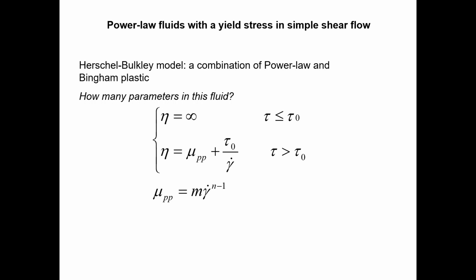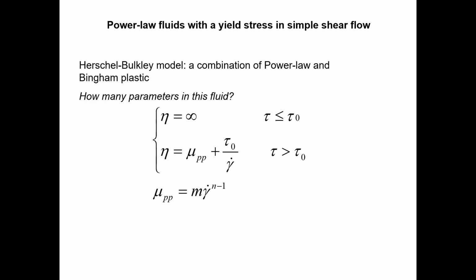I gave you this on the slides. How do I get tau from viscosity? I multiply with shear rate, gamma dot. This is your general relationship.